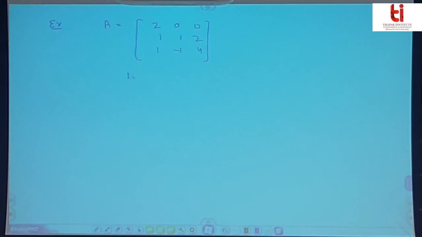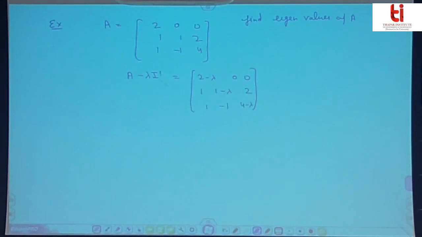We write A minus lambda I as 2 minus lambda, 0, 0; 1, 1 minus lambda, 2; 1, minus 1, 4 minus lambda.